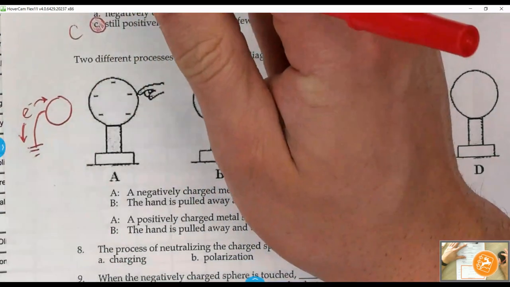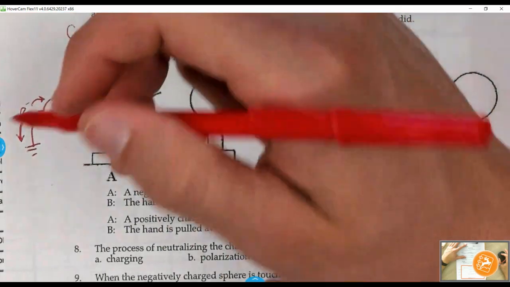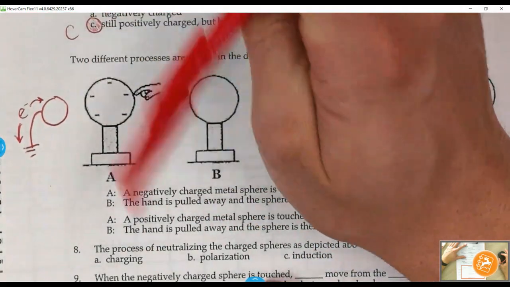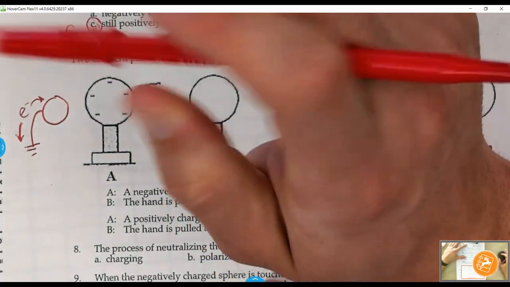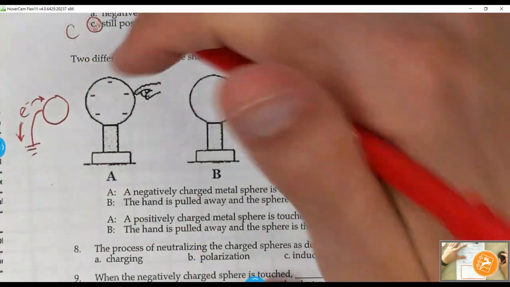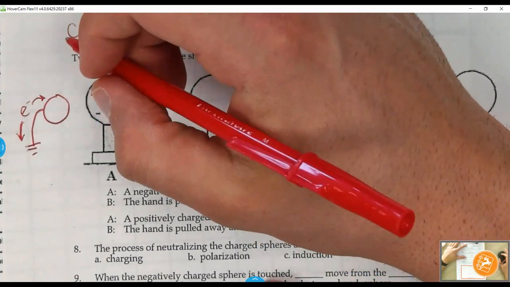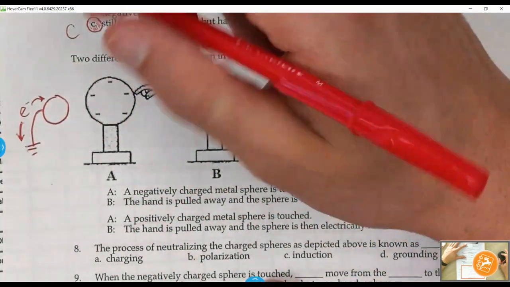It all depends. So right now, this has a lot of excess electrons. So if I just touch this thing and provide a path to the ground, what are these electrons going to want to do? This thing wants to try and neutralize itself.